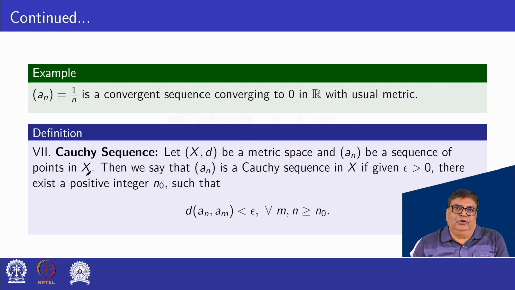Next, Cauchy sequence. Let (X, d) be a metric space and (a_n) be a sequence of points in X. Then we say that a_n is a Cauchy sequence in X if given epsilon greater than 0, there exists a positive integer n0 such that d(a_n, a_m) < epsilon for all m, n ≥ n0.